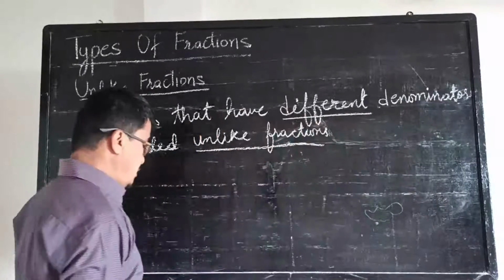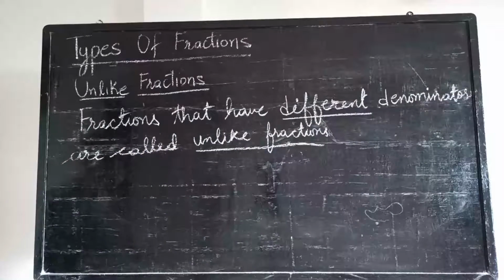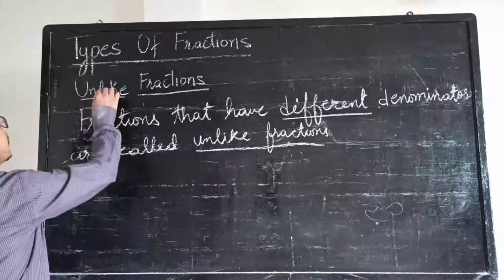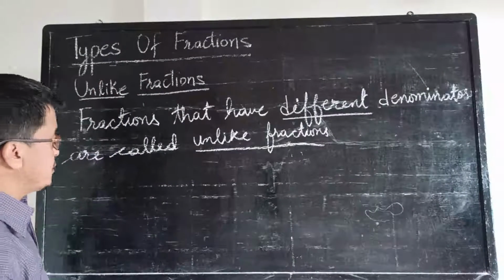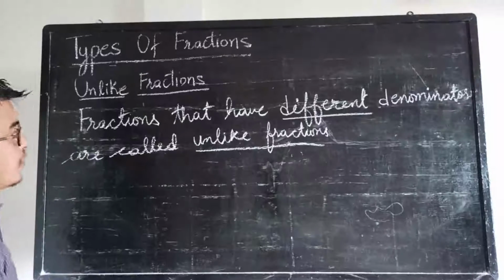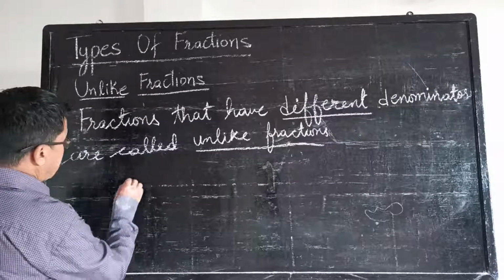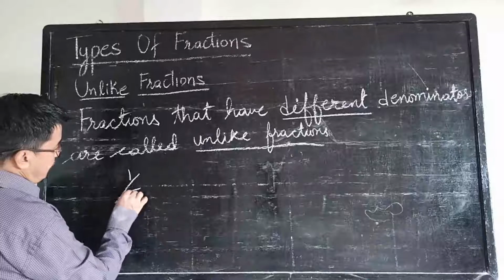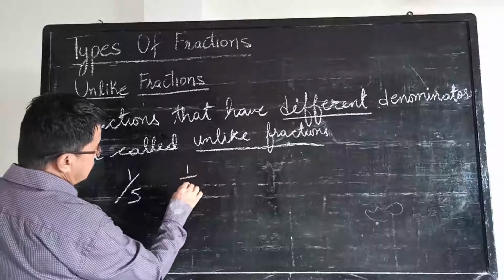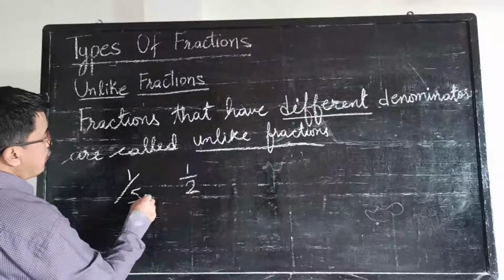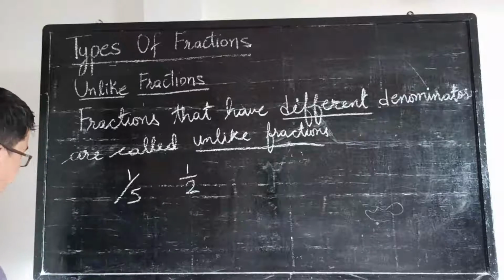In like fractions, they have the same denominators, but here in unlike fractions, they have got different denominators. Now look at these fractions, 1 upon 5 and 1 upon 2. Their denominators are different, therefore these two fractions are unlike fractions.